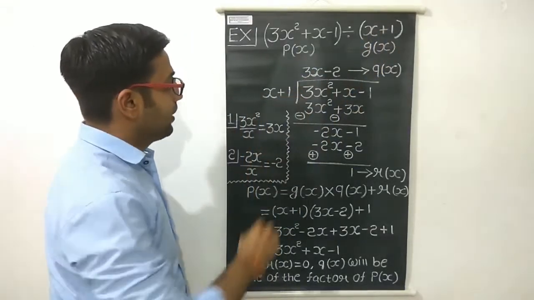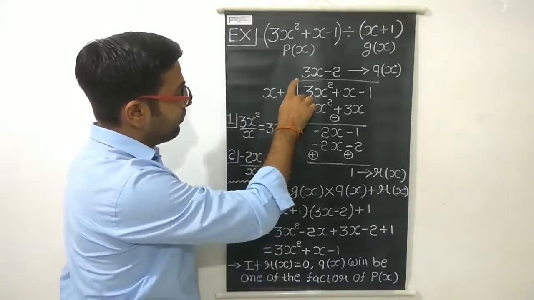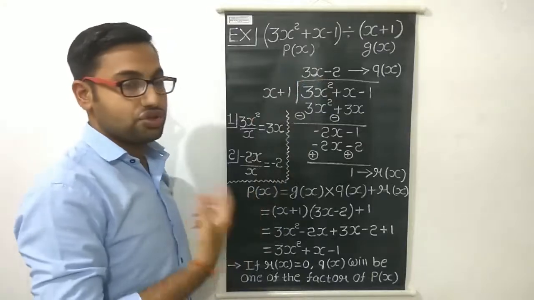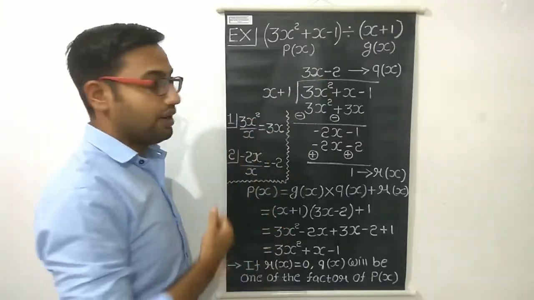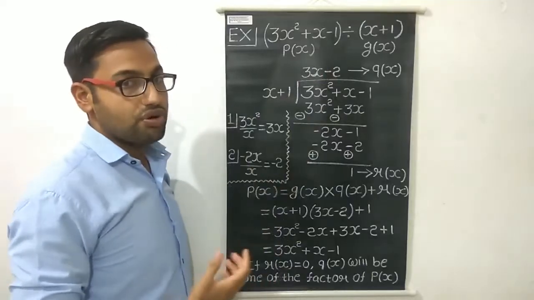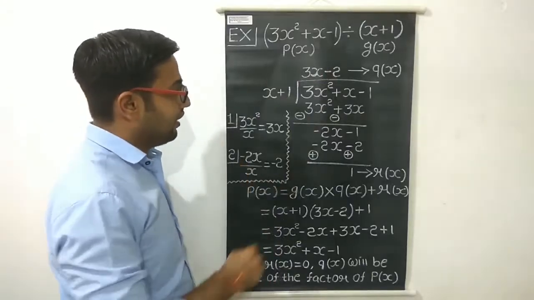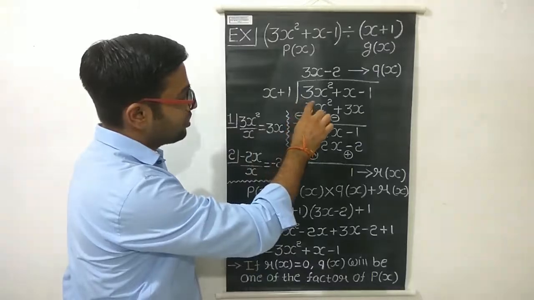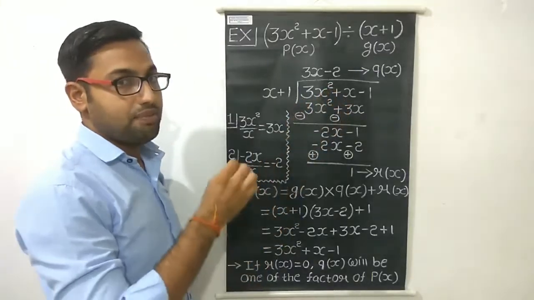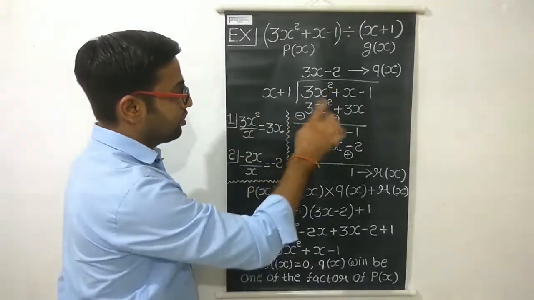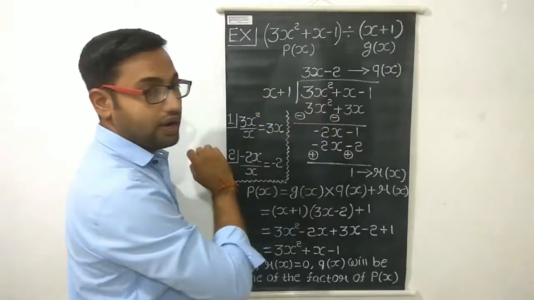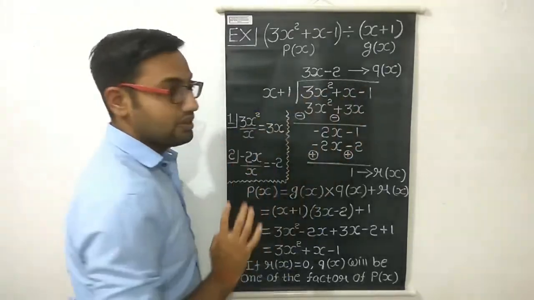What will be the first quotient, by which term do we have to divide? How do we decide that? To decide that, take the term which has the maximum power of the variable. The term which has the maximum power of the variable is 3x square out of these three terms.